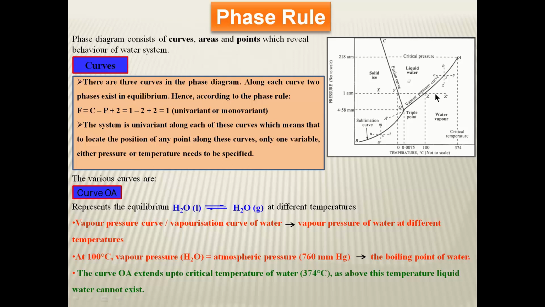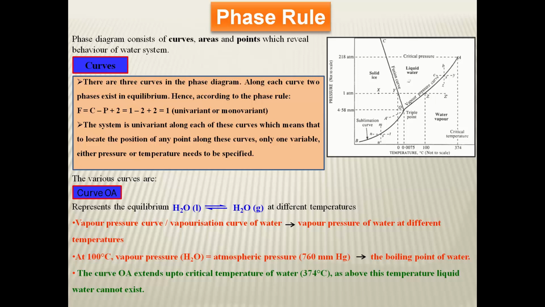So, as you can clearly see, this point Z at 1 atmospheric pressure corresponds to 100 degrees centigrade. That is, at 760 mm of mercury, the boiling point of water is 100 degrees centigrade. So, this is the curve OA, that is the vapor pressure curve.